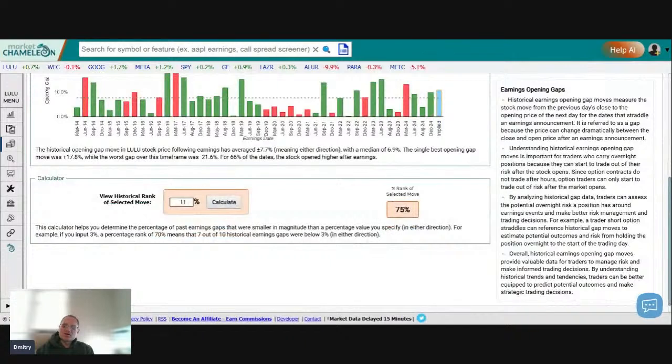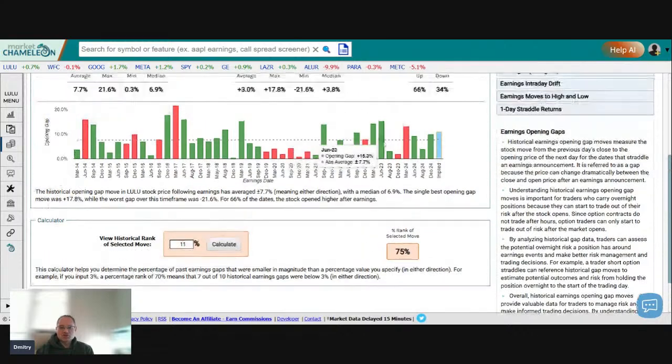Now we have this 75% rank. That means that above the observations up above here, in absolute terms, 75% of them were below 11%, 25% were above.